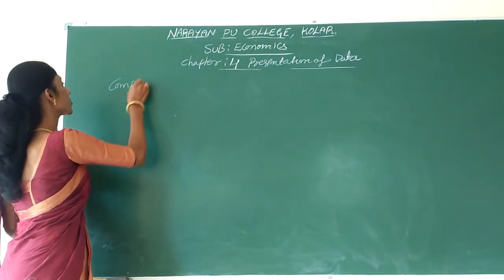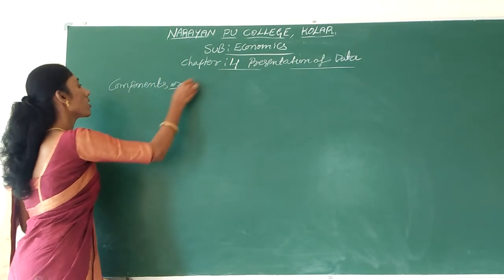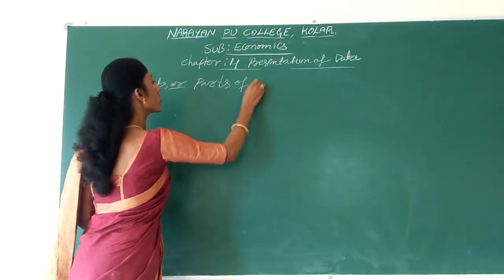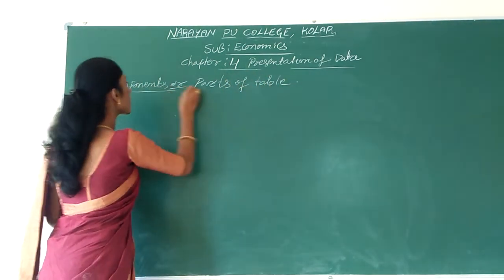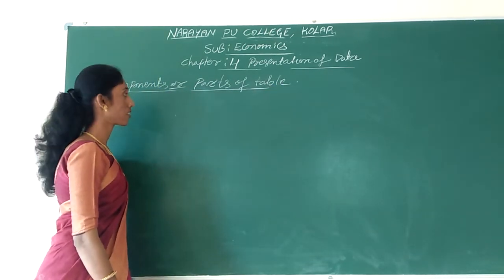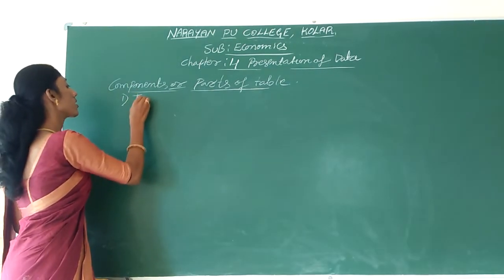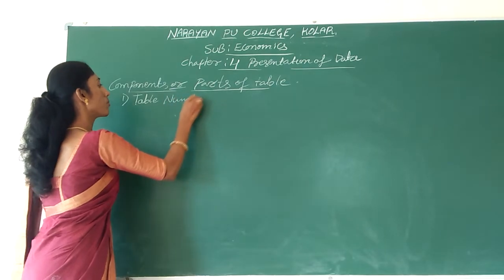Components or parts of a table. In the previous class we started the discussion with the first one, the table number.